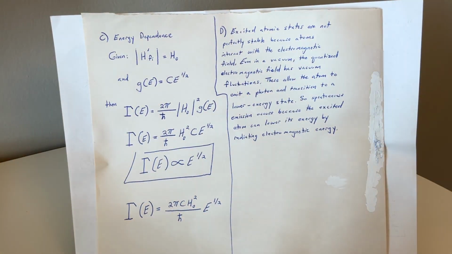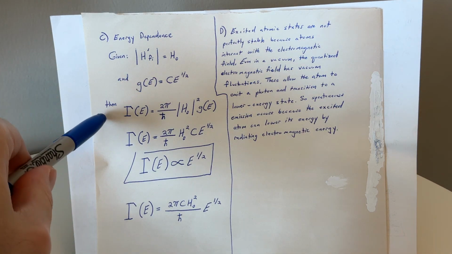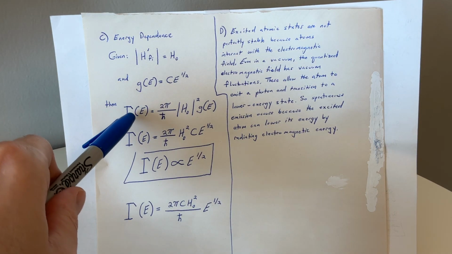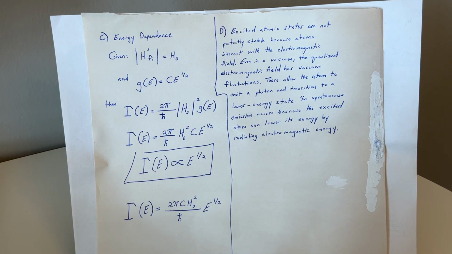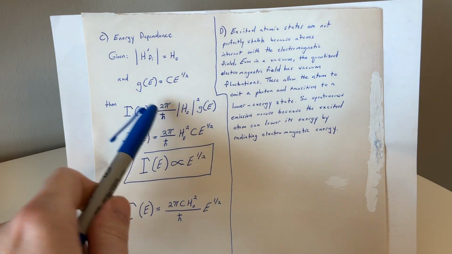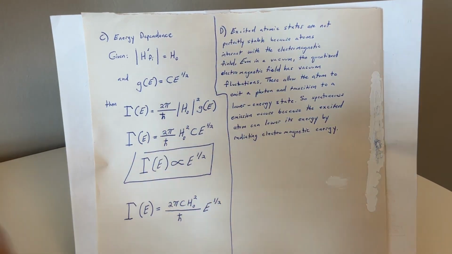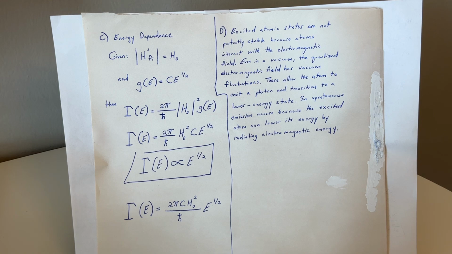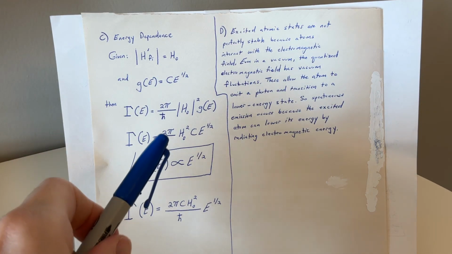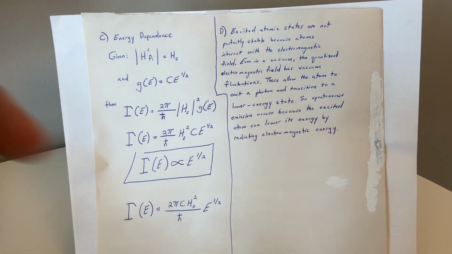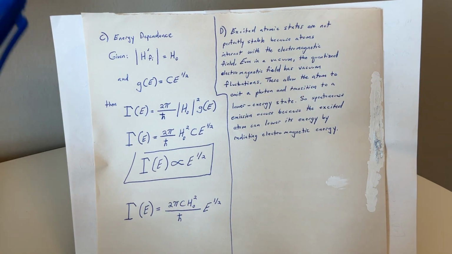Okay, so we want the energy dependence, again, of the transition rate. Here's what we were given, and we're going to take, for our energy dependence of the transition rate, that's going to be equal to 2 pi over H bar times modulus H sub naught squared times G of E. Now, this is going to be 2 pi over H bar, H naught squared times C e to the 1/2, because we're just substituting here.